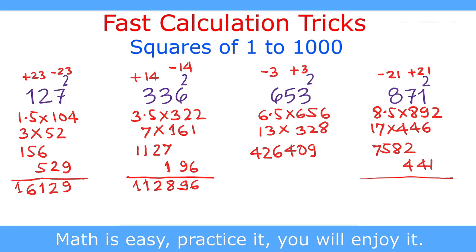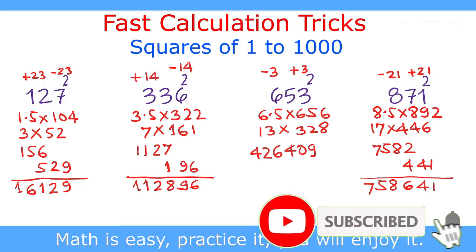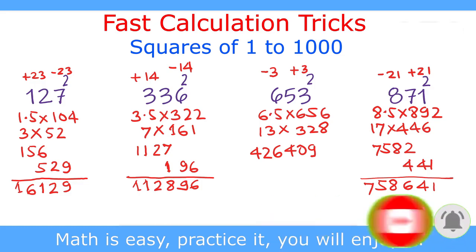Now we add 1, 4, 2 plus 4 is 6, 8, 5 and 7. Thus the square of 871 is 7,58,641 or 758,641.